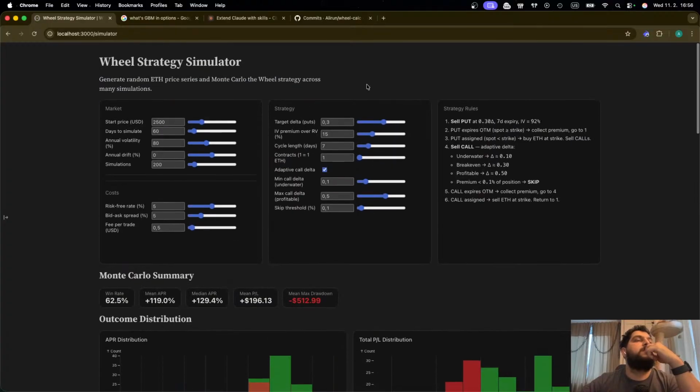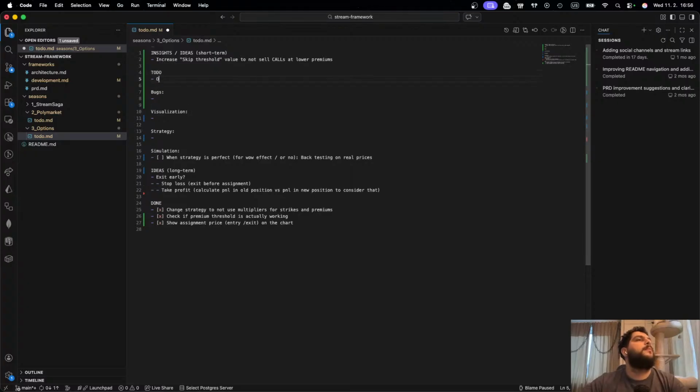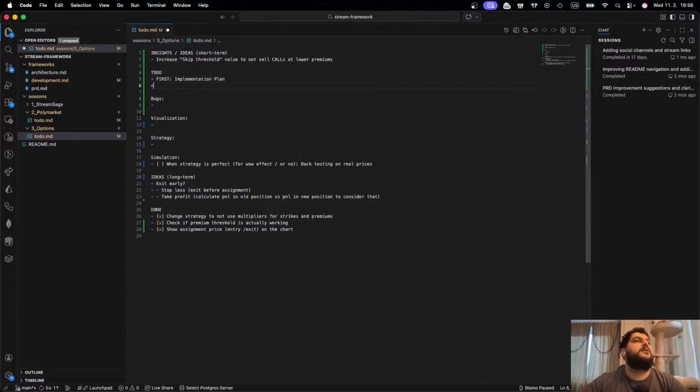So for the next session, first we will have the implementation plan, and then the implementation plan implemented, I mean, and then we will do refactoring plus visualization, or visualization of the new architecture.